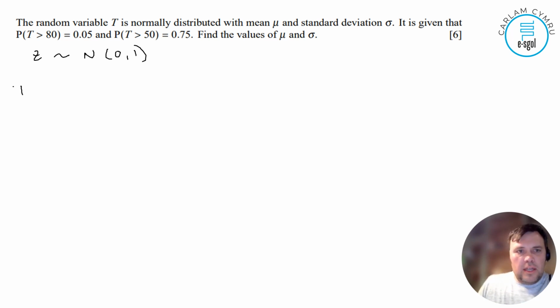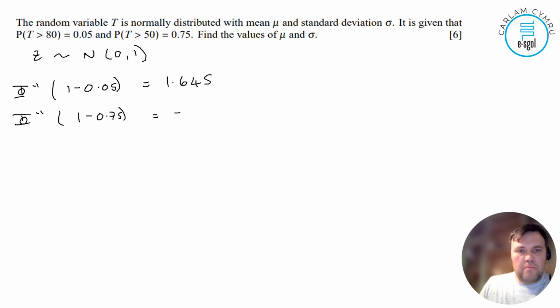We're going to say that the inverse of 1 minus 0.05, because it's greater than, which is 0.95, is 1.645, and also the inverse of 1 minus 0.75 is equal to minus 0.6745. I only did that because it was greater than. You could treat it as just putting it in as 0.75. Both ways would be acceptable. It's just I prefer to do it this way myself.